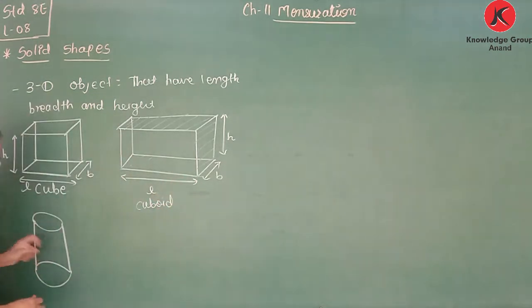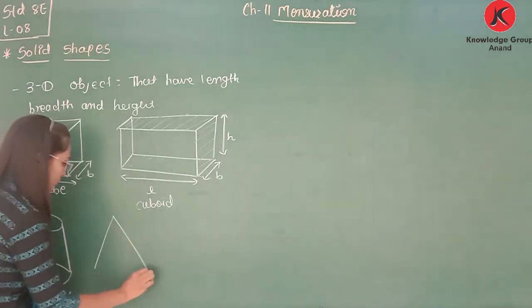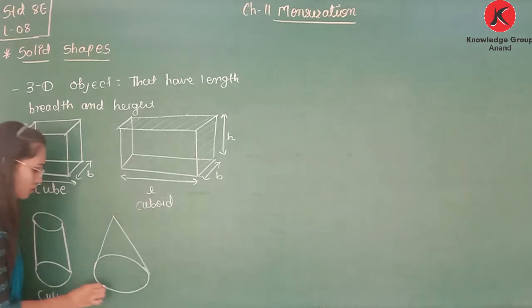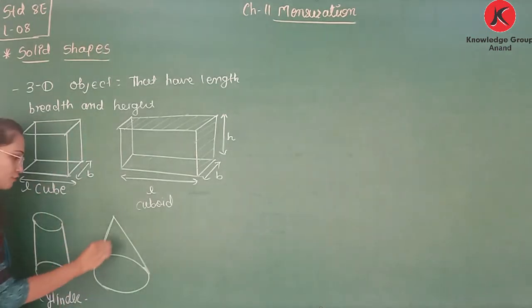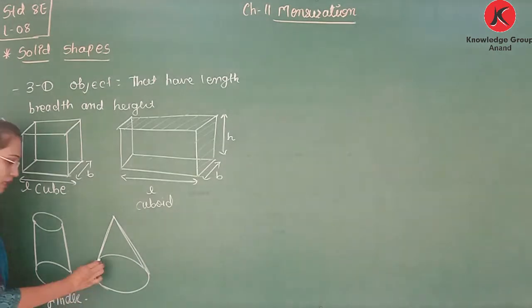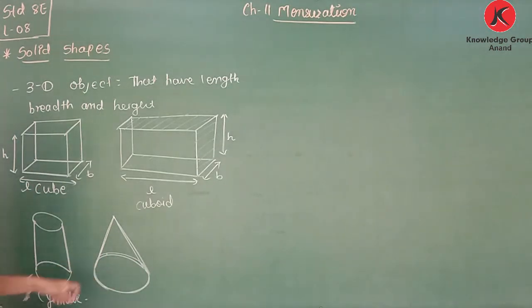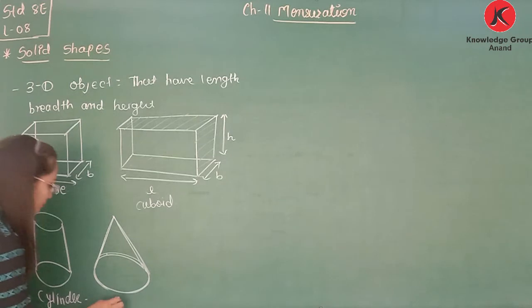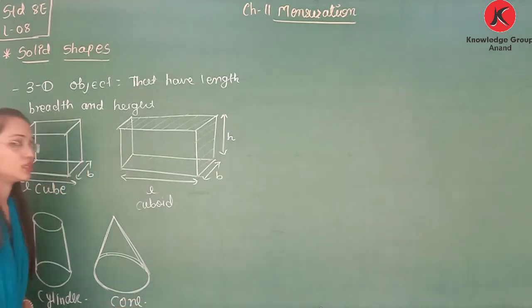So it is a cylinder. Then cone. Again, this surface is a kind of triangle and this is a circle. Then we also learned about the pyramid and prism in the third chapter. So these are the 3D objects.